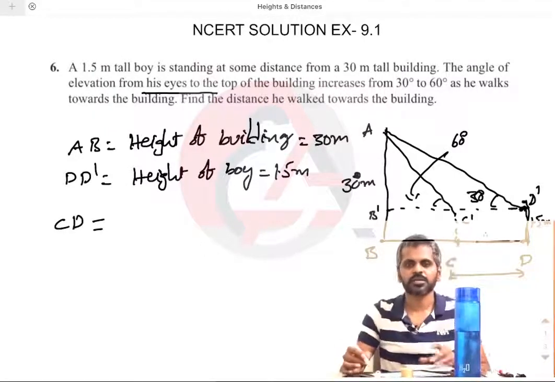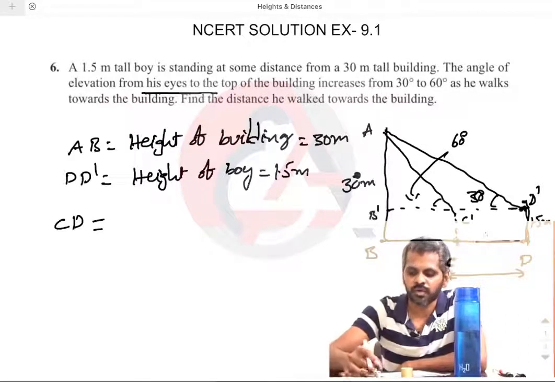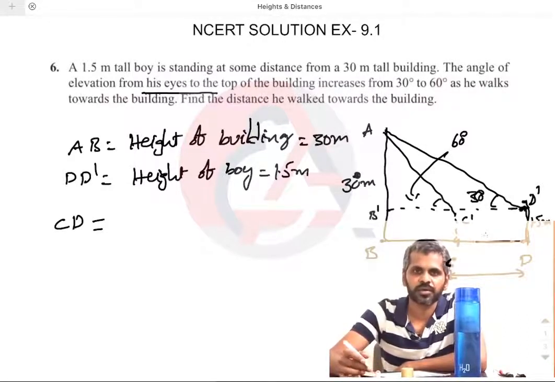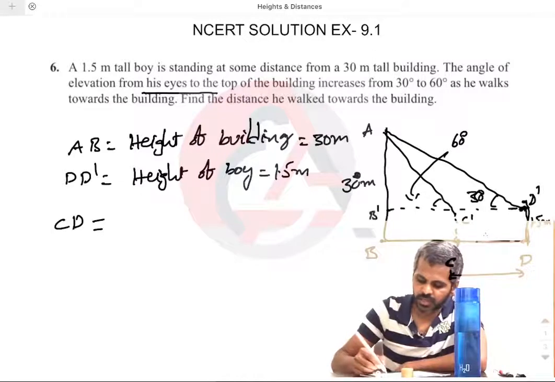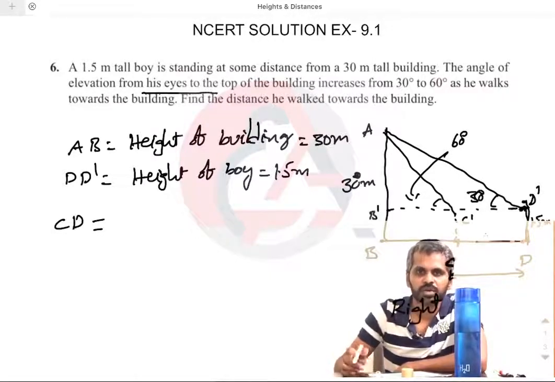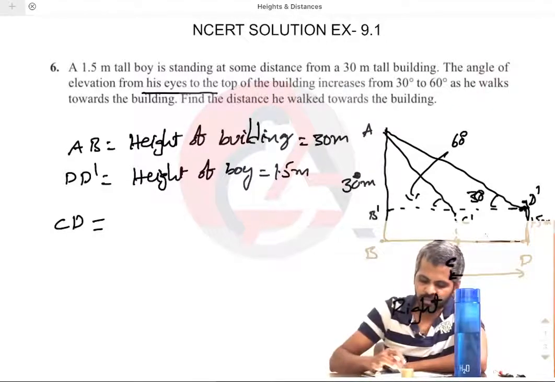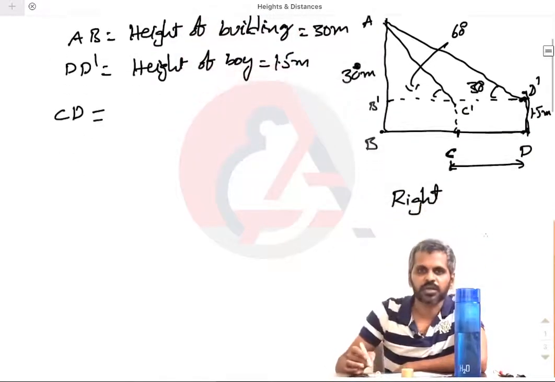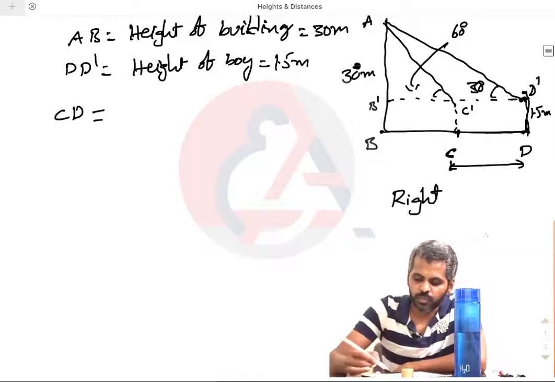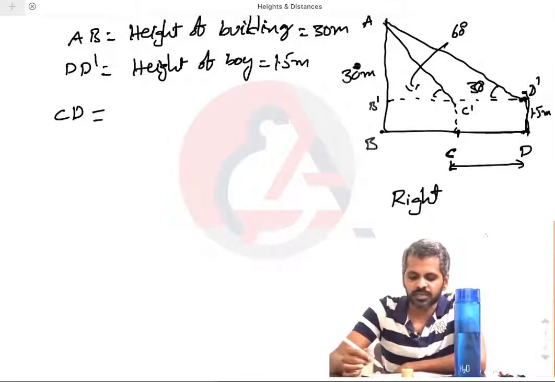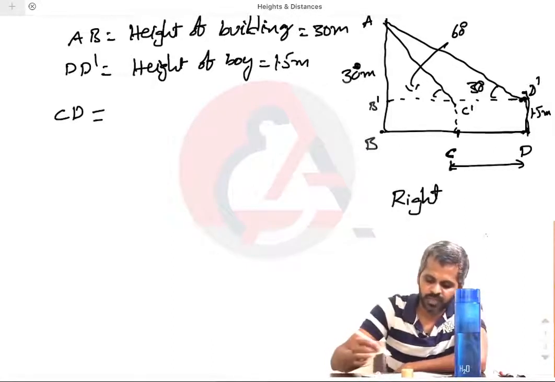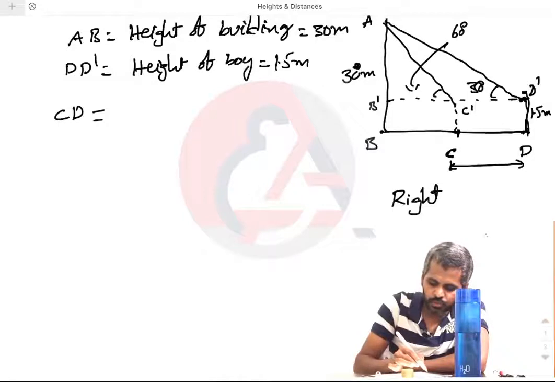So how can we connect this to our topic? Our topic is applications of trigonometry. Trigonometry is generally related to right angle triangles. Most of the things we have discussed so far are related to right angle triangles. The trigonometric ratios are completely related to right angle triangles. So this problem we need to connect to right angle triangles. Here we can see three triangles. Out of these three triangles, how many right angle triangles do we have? We have two right angle triangles.